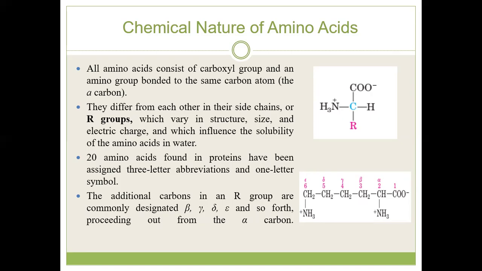The side chain differs in structure, which causes a difference in size and in electric charge, and that also determines a distinct physicochemical or chemical property of an amino acid. So the chemical or physical property of an amino acid differs just because of the difference in the R group.